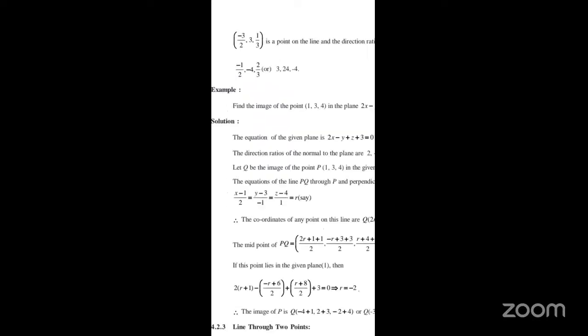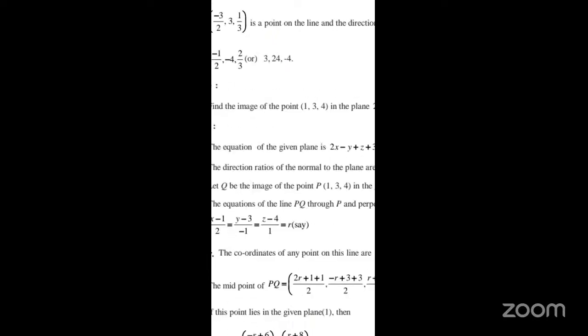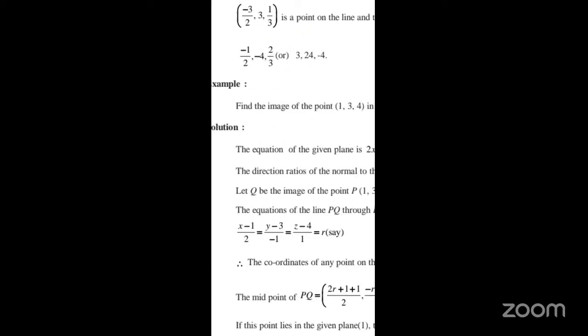part. The DRs are minus 1/2, minus 4, 2/3. Now that can also be written, the LCM is 6. Just observe the given DRs: minus 1/2, minus 4, 2/3.